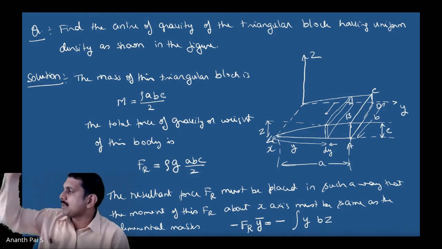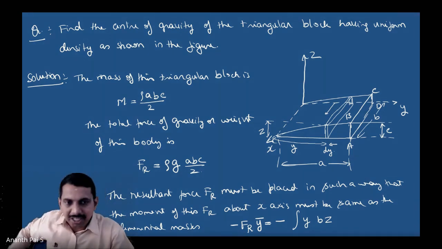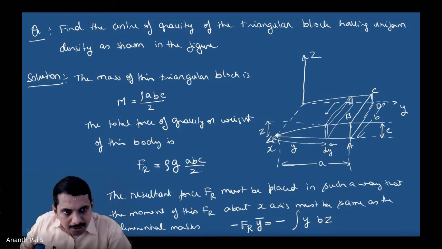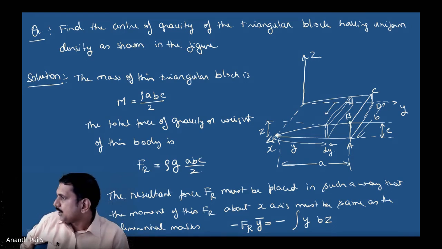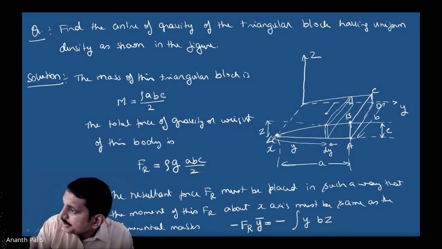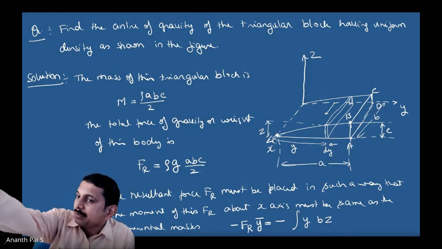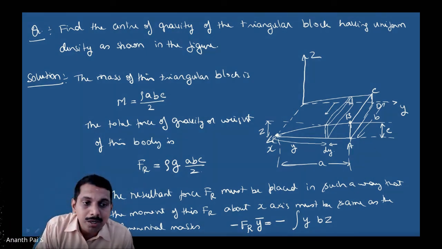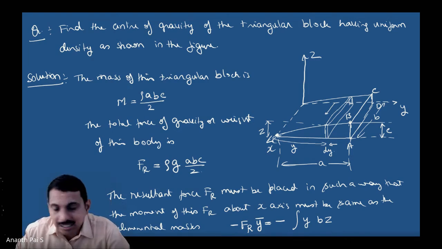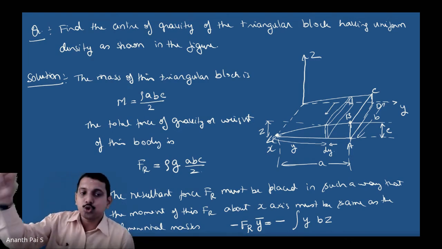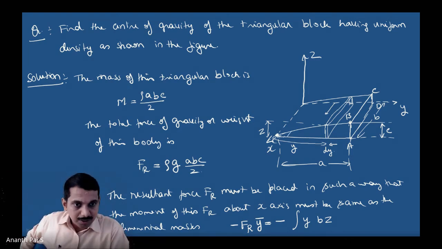A variable z, because it varies from this point to this point. Initially it is 0, and z is going till a particular value c, correct? This is c. It's going from 0 to c. Observe this particular one.